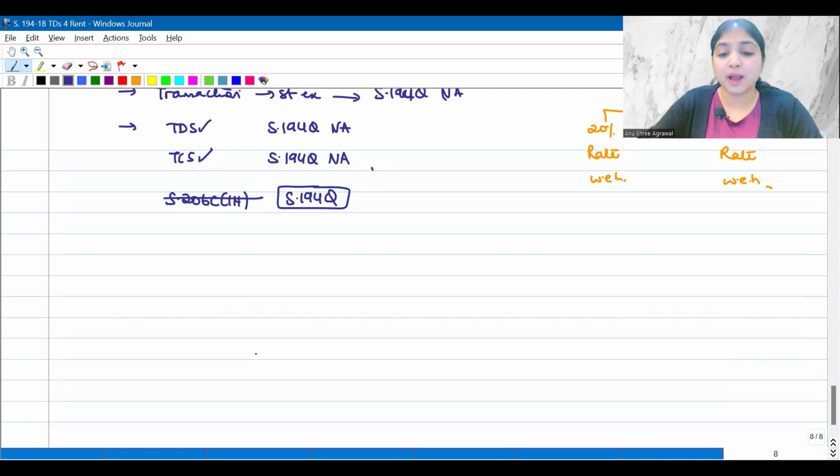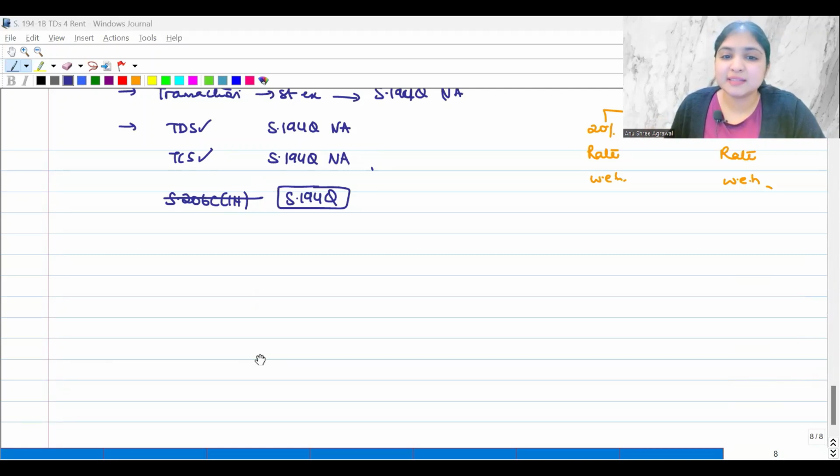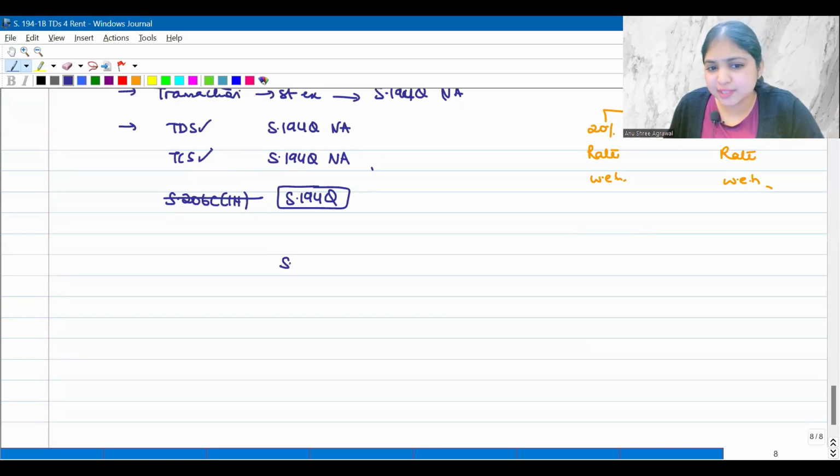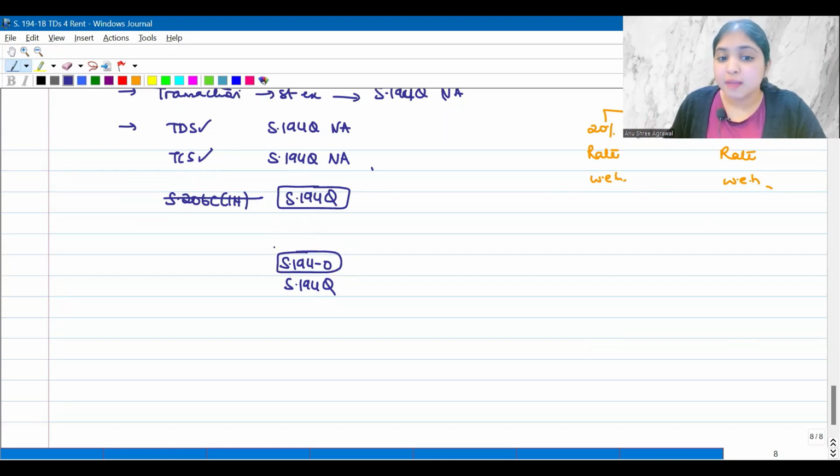So I'll help you understand a little better. Let us say some other TDS section is applicable, like for example, section 194O. 194O is not a part of your intermediate syllabus anymore, but 194O is the only other section which talks about goods. So let's say section 194O is applicable and section 194Q is applicable. Between these two sections, you will give priority to 194O, because if any other TDS section is applicable, then 194Q will not apply.